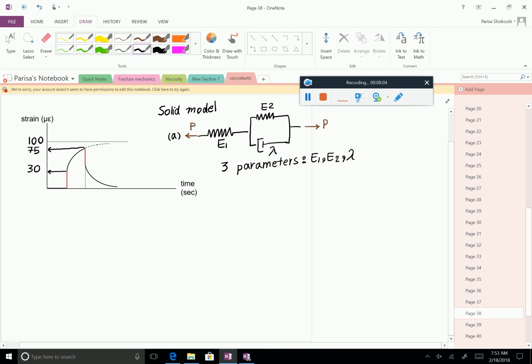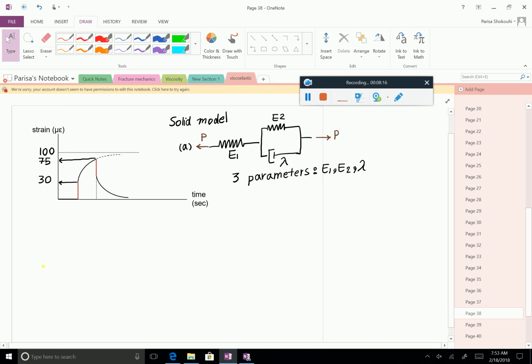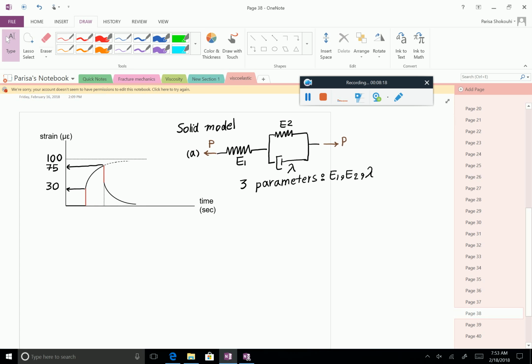Okay, so then the next part is asking us to calculate these parameters. To do that, it's very useful that we add to the strain versus time graph the ordinates that we did in class, if you remember.